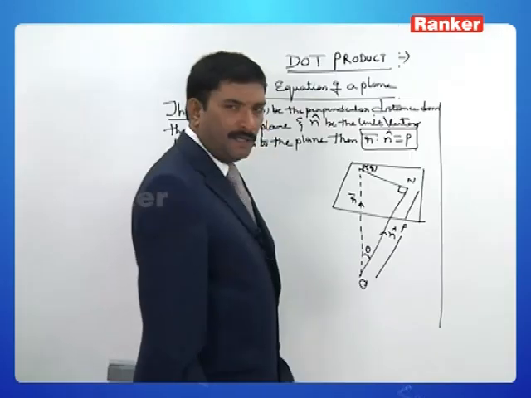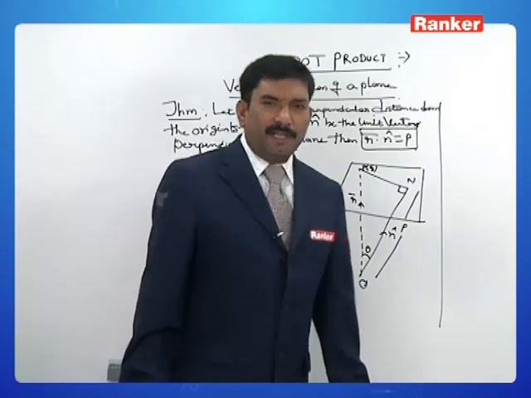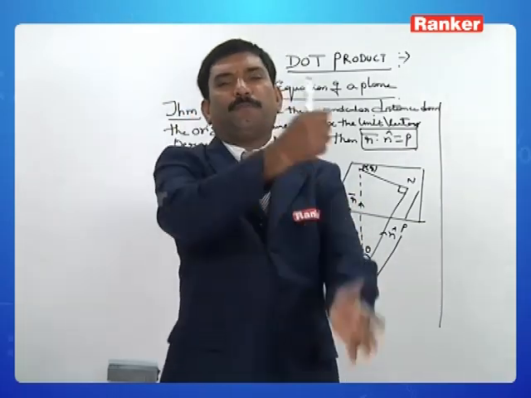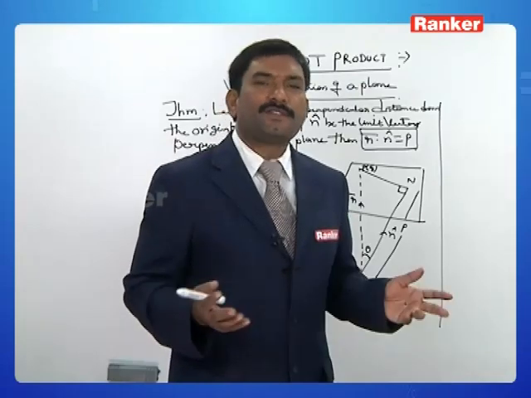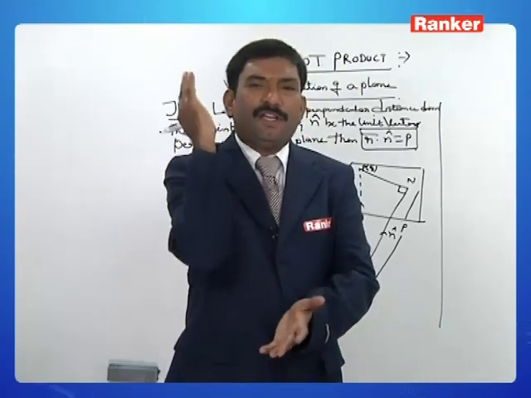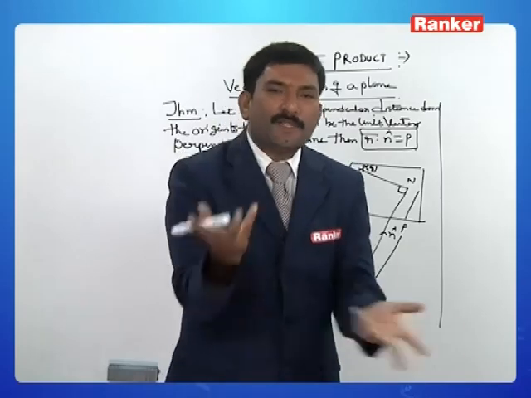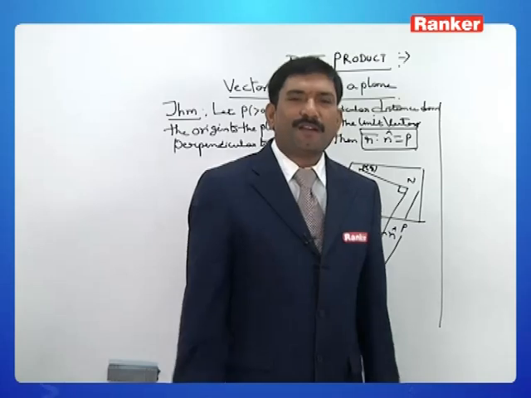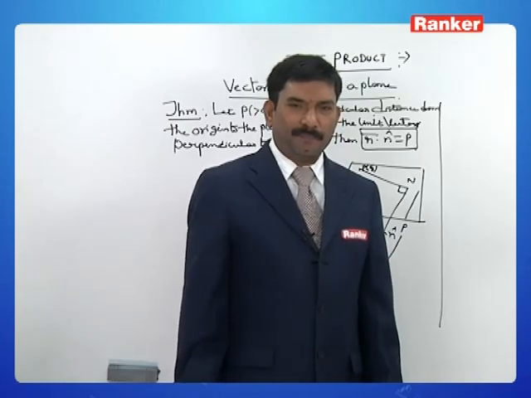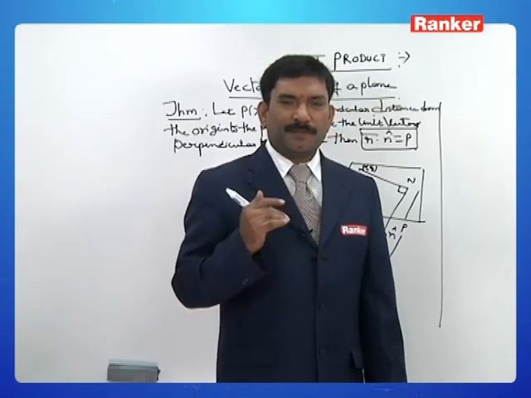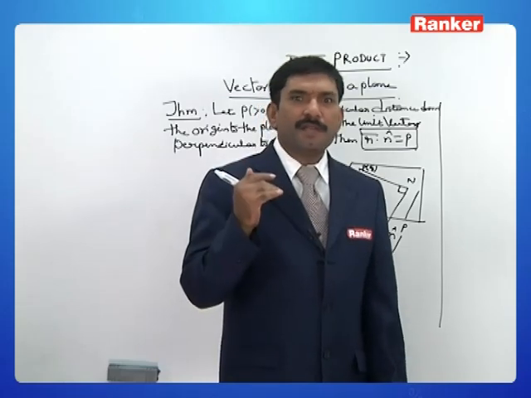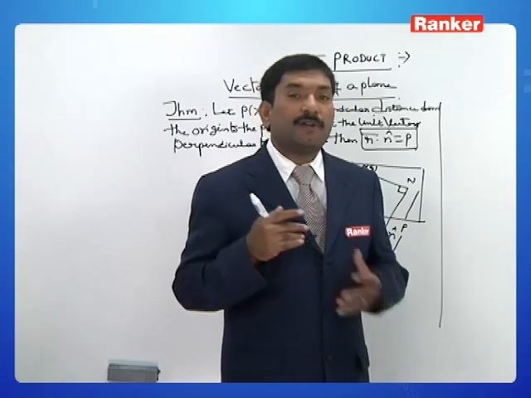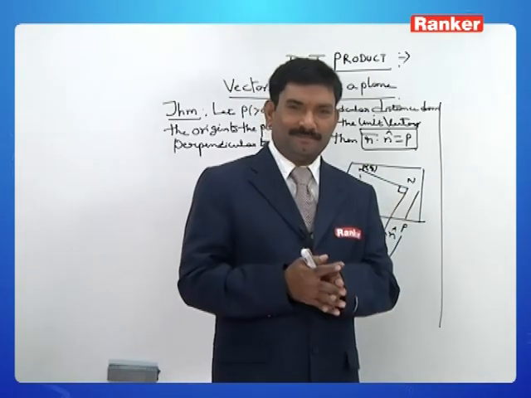Sir, you are writing ON as n cap. If you take this length as 1 you are getting that, but then how do you write P? You have to understand, anyhow it is perpendicular. Let its length be P. Assume that, instead of drawing a separate line. If you take it in terms of a unit vector, its modulus is 1, I do admit, I am not denying it.